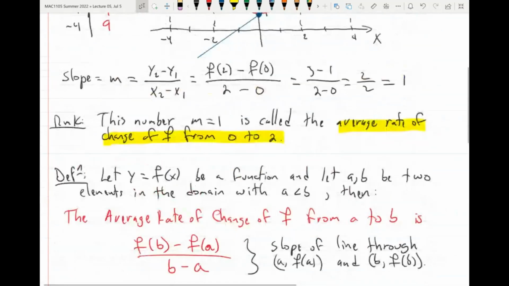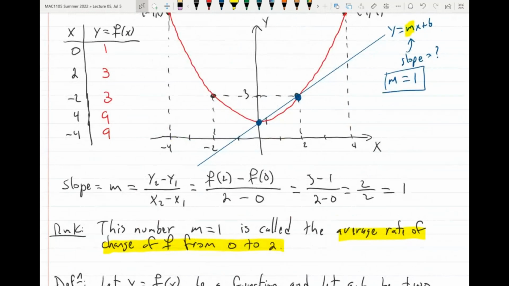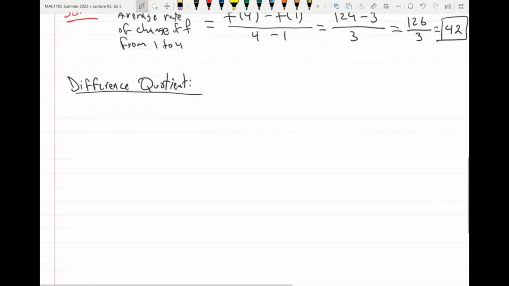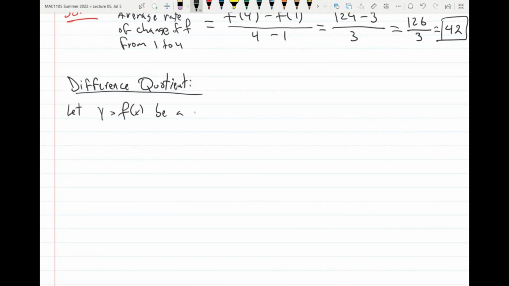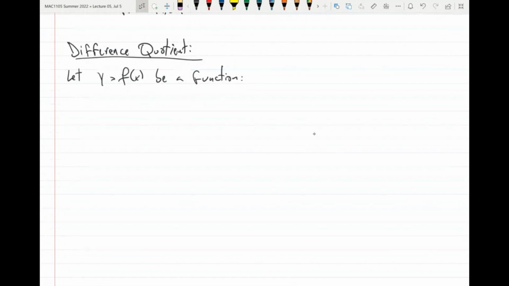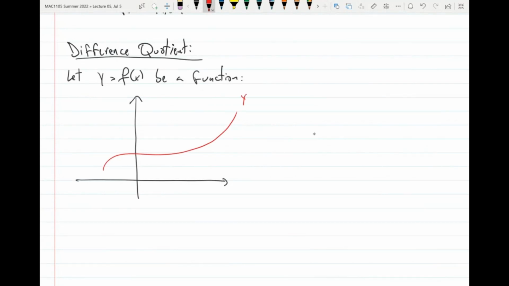So all I'm going to do is look at a picture like this. I'm going to change the names of the average rate of change, but I'm going to do it in general. So let y equal f of x be a function. Then let's say this function has some graph, whatever it is. Just put it here.